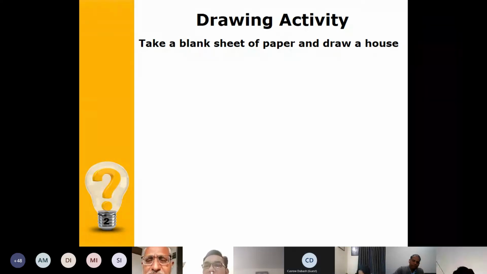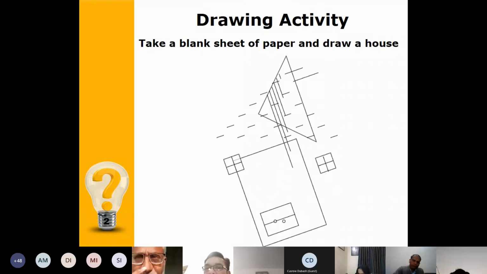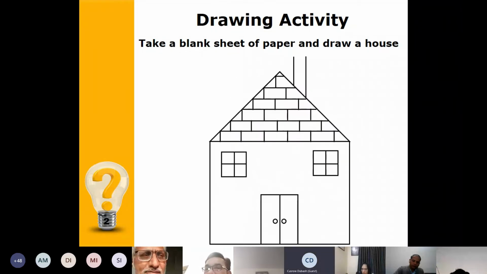Okay? You all have a house in front of you? Okay, let's see. Does your house look something like this? With a triangular roof, a door, and some windows? If it looks something like this, I want you to focus and think why.